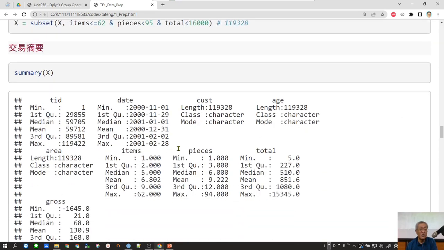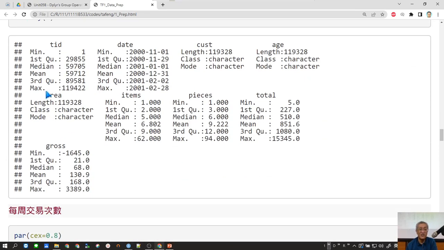Then we can see the summary of transactions, as you can see here. The date is from November to the end of February, so four months of data.